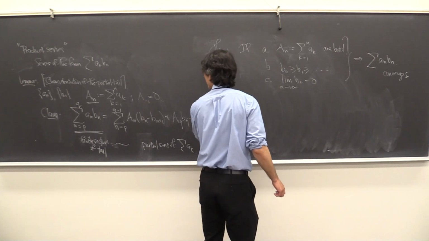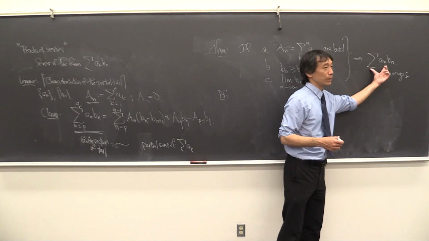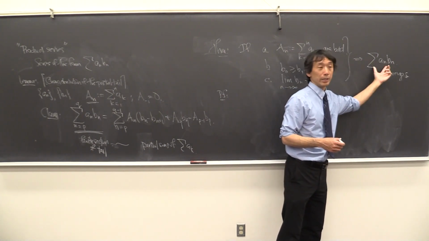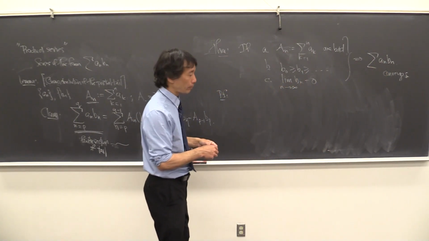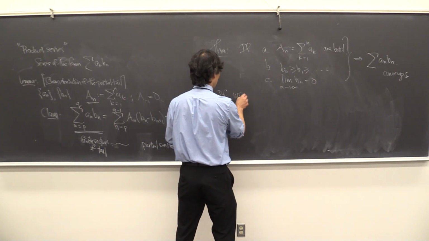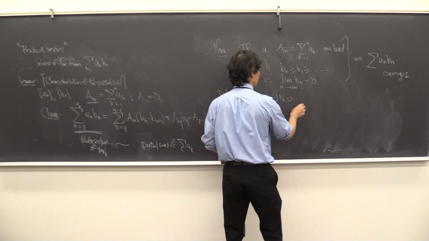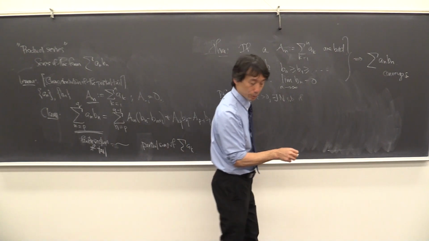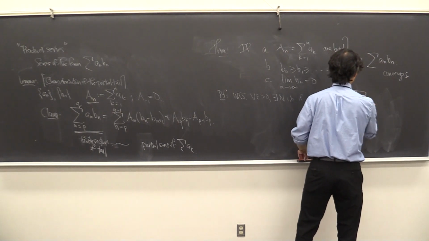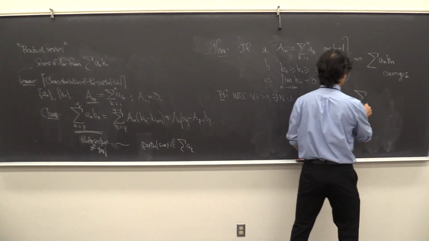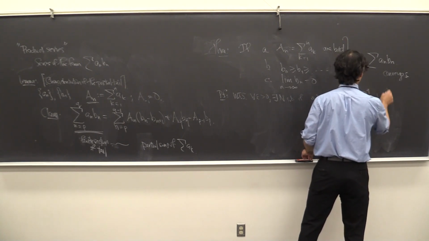Okay, so let's think about that. What we're going to use is, we want to show that this thing converges. What we're going to use on it is the Cauchy criterion. So we say, we want to show that for all epsilon greater than 0, there exists an n such that if p and q are bigger than n, then the size of the tail from p to q is small.